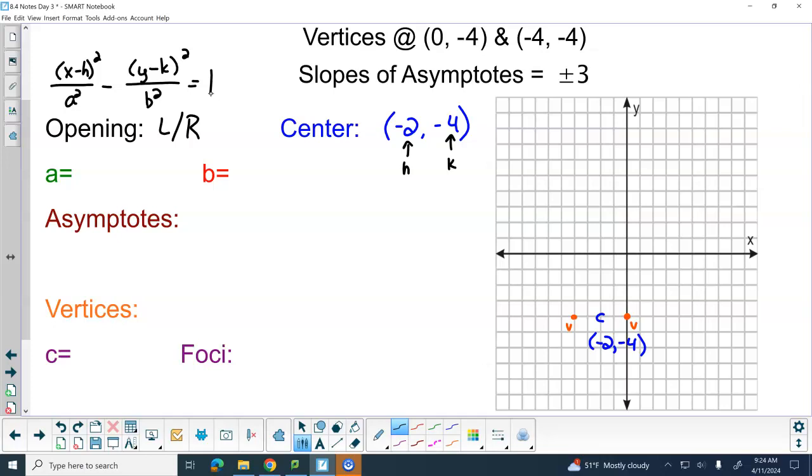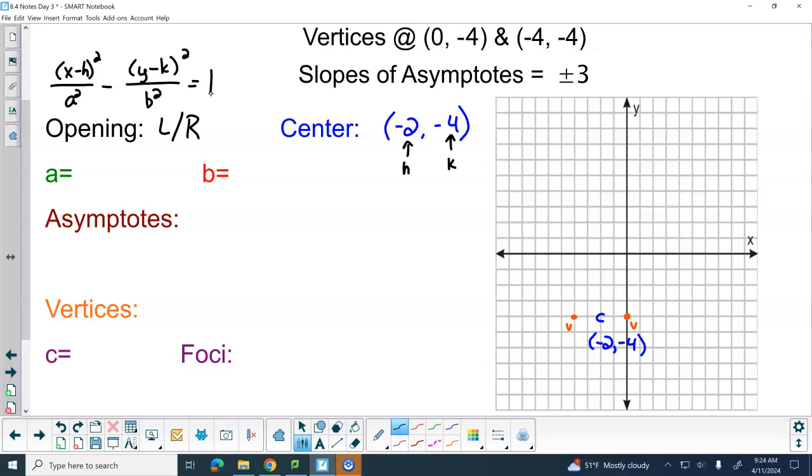Okay? So we get a lot of stuff out of simply saying that the vertices are right there. We found where the center was, we found which way it opened, all that fun stuff. What else have we found from the vertices being there and the center being where it's at? We already got that.